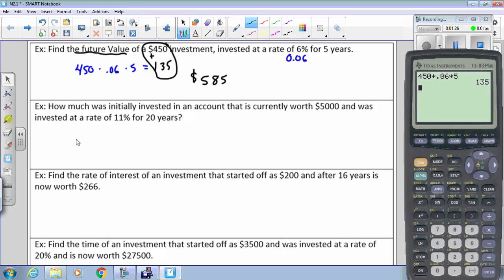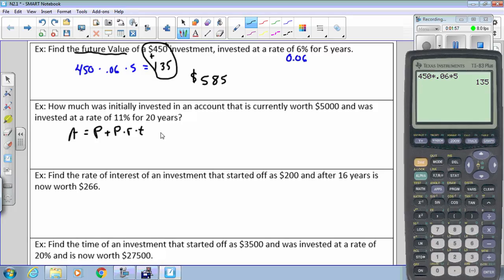So here you have the future value, the amount, which is equal to the principal plus the principal multiplied by the rate multiplied by the term, the number of years, or n if you wish.